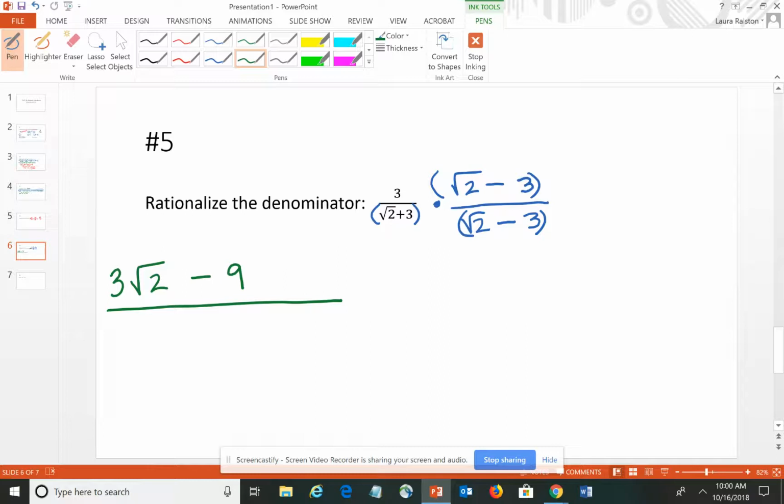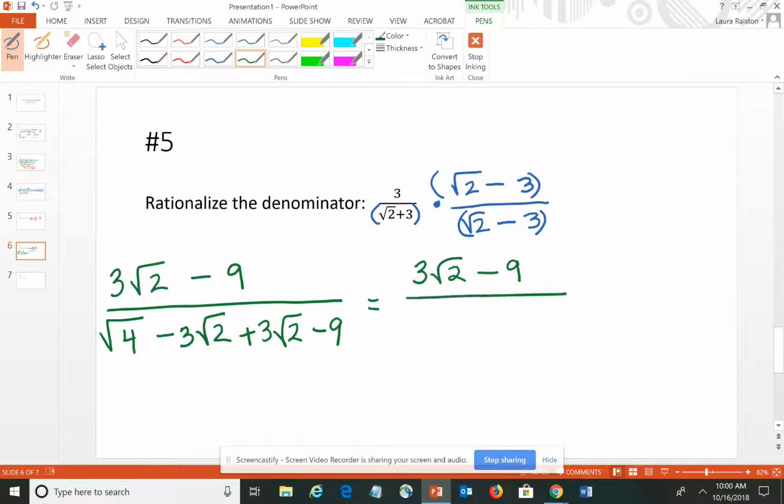So we have square root of 2 times square root of 2 which is square root of 4, minus 3 square root 2, plus 3 square root 2, minus 9. So I have 3 square root 2 minus 9 in the numerator.